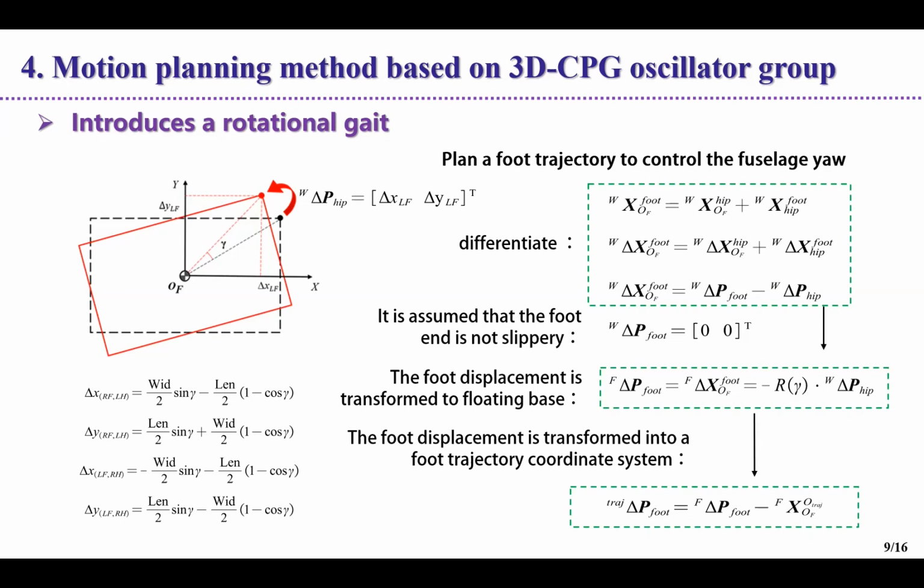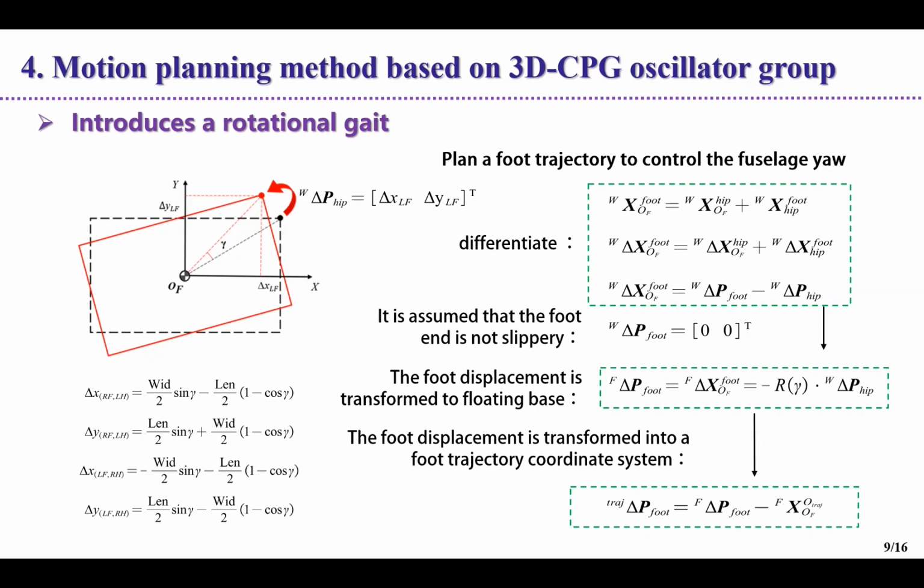Based on this idea, our research proposed a forward gait and a rotational gait, and the figure on the left shows the movement of the rotation gait when the body yaws by gamma in a gait period. The corresponding hip joint node moves delta x in the x direction of the world coordinate system, and delta y in the y direction.